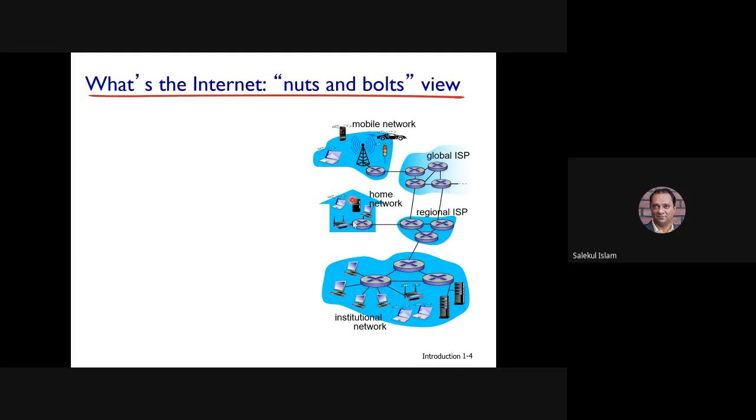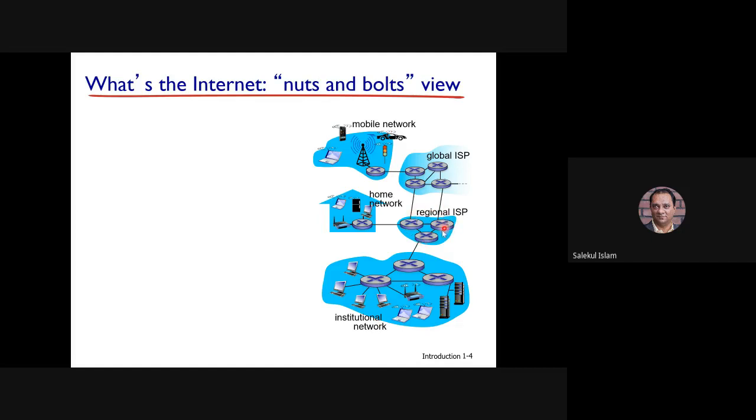But all these three networks are connected with some ISPs. ISP means internet service providers. Even when you are connecting from UIU, you connect your laptop or mobile phone using Wi-Fi, then you have access to the UIU network, and this network is connected with the regional ISP.